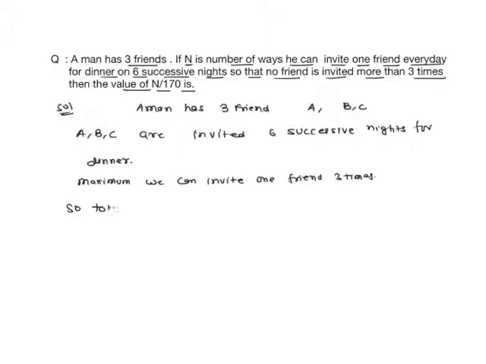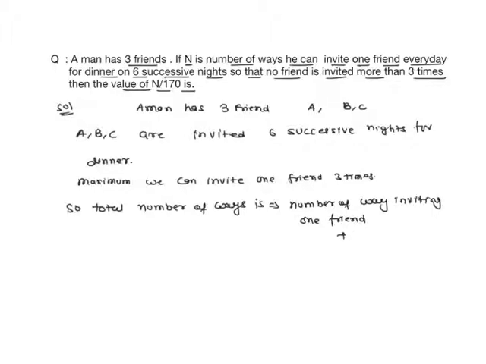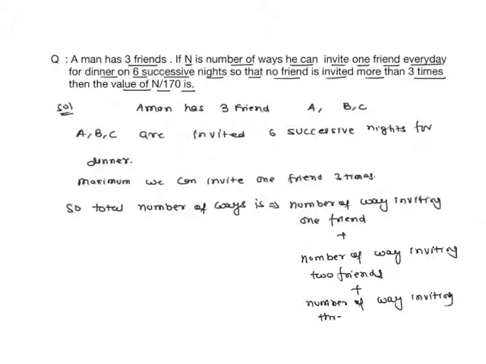So total number of ways is number of ways inviting one friend plus number of ways inviting 2 friends plus number of ways inviting 3 friends.